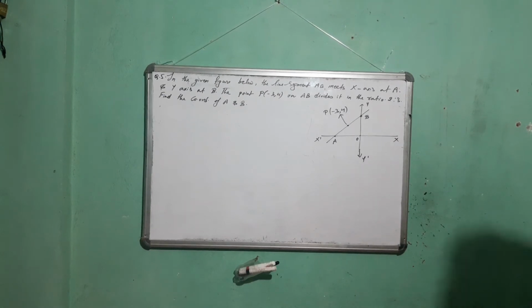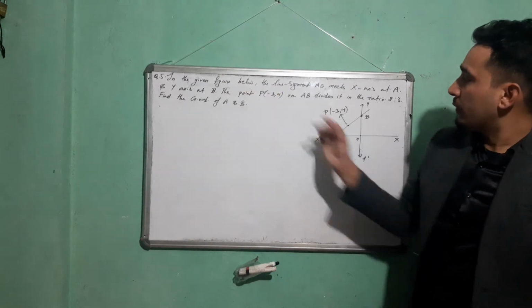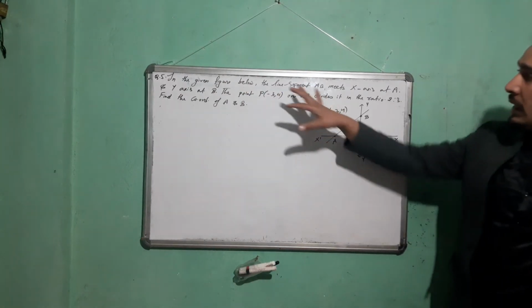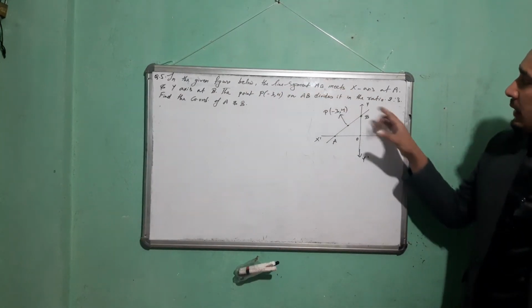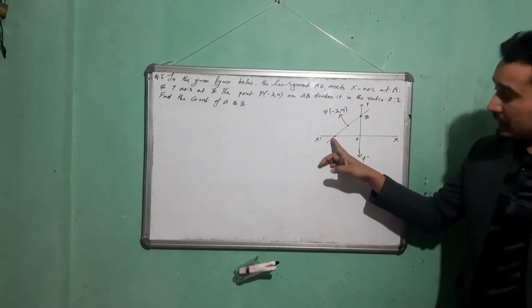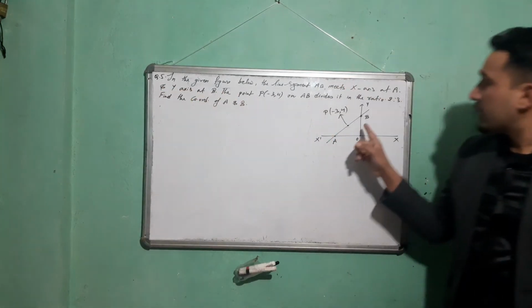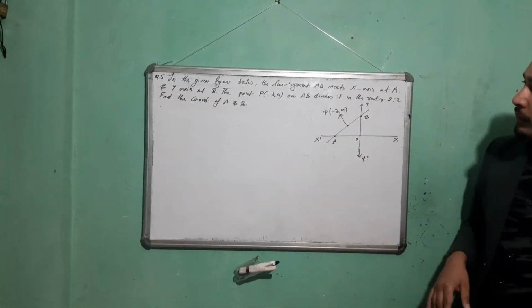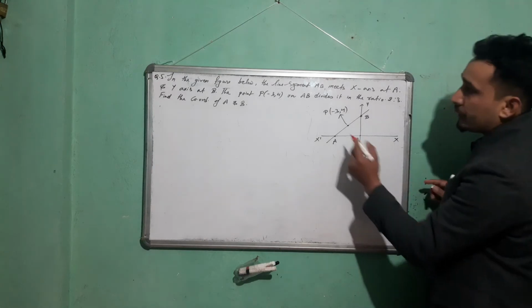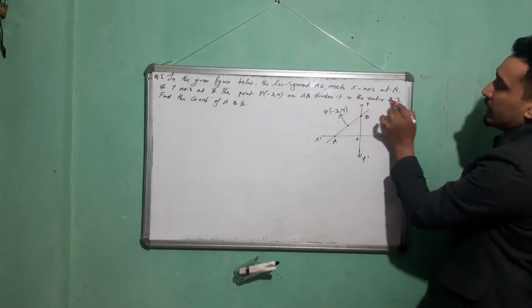Now next question is, in the given figure below, this is the figure given to you. The line segment AB meets x-axis at A and y-axis at B. The point P on AB divides the line in the ratio 2:3.